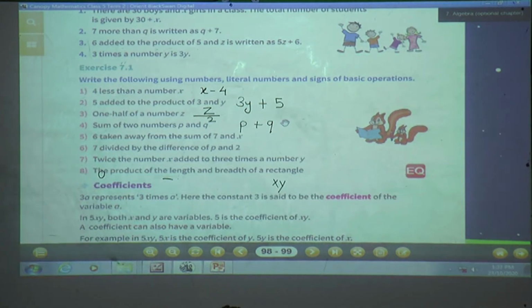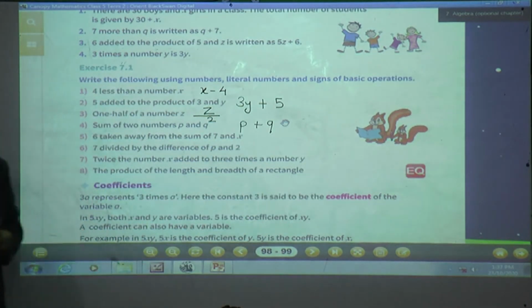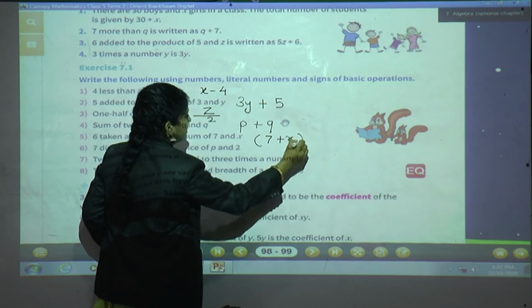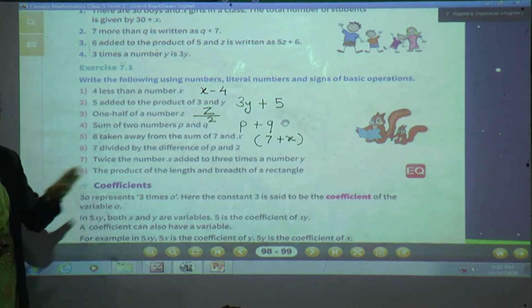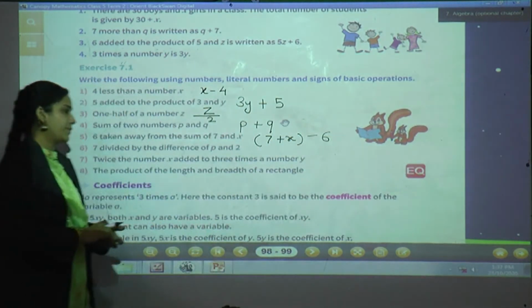Now the fifth one, 6 taken away from the sum of 7 and x. First we write the sum of 7 and x, that means 7 plus x. Taken away means subtraction, so subtract 6.